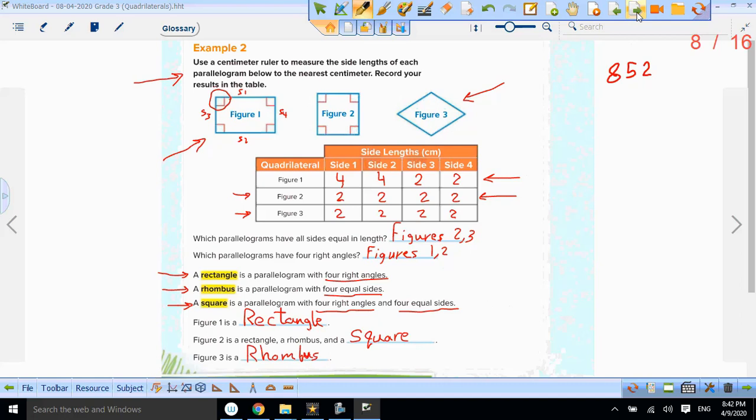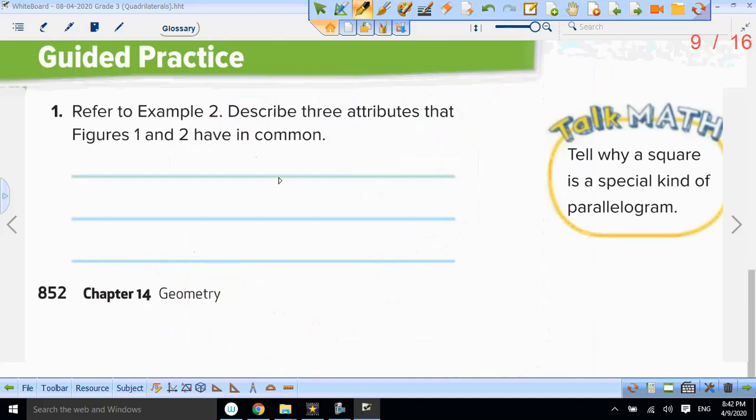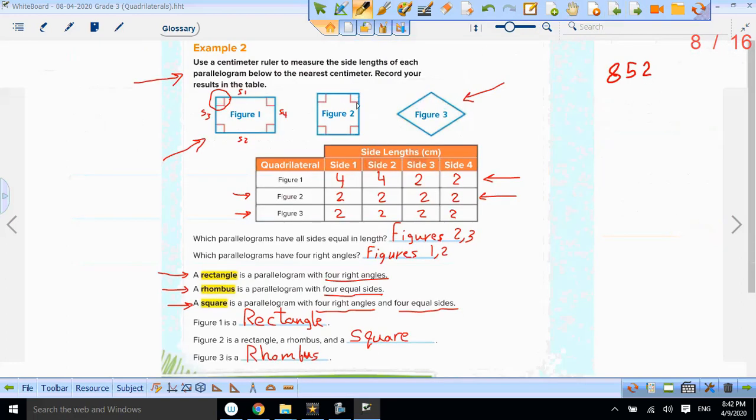Okay, the next one. Refer to example 2. Describe 3 attributes that figure 1 and figure 2 have in common. Figure 1 is a rectangle.